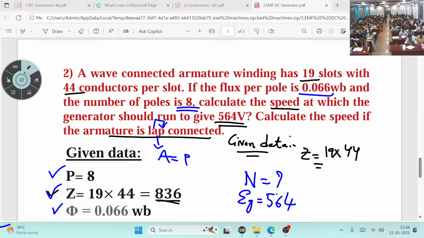If wave wound, A is equal to 2. What is the value of A now? A is equal to P. P is equal to how much? 8. Substitute in the formula, you tell me what is the value of N.